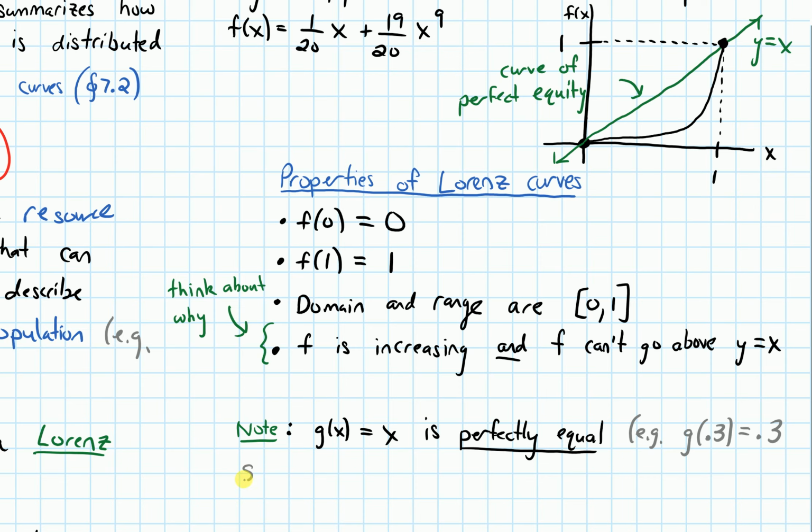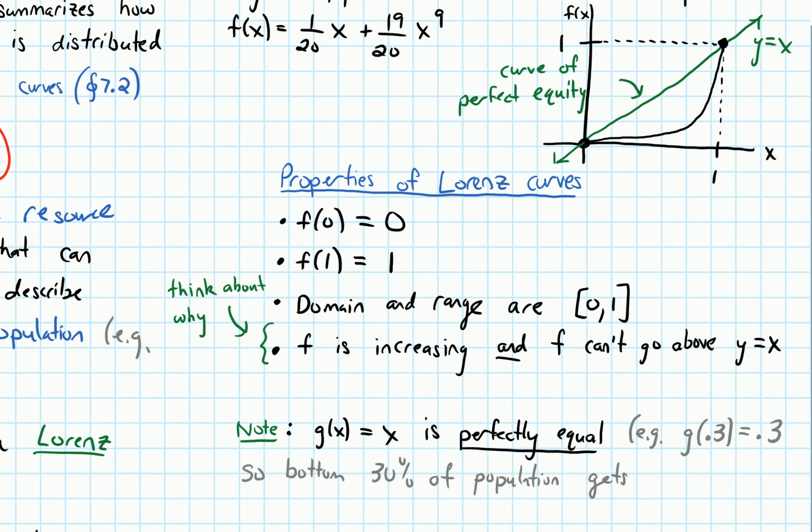And what is that saying? The input of the function is talking about the bottom, whatever percentage of the population. So the 0.3 in the parentheses is talking about the bottom 30% of the population, and the output, the other 0.3, tells us how much of the resource they get.